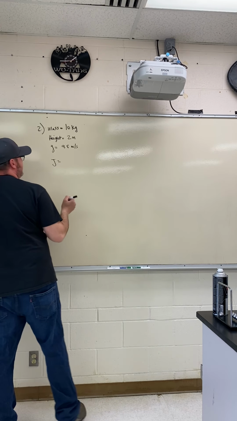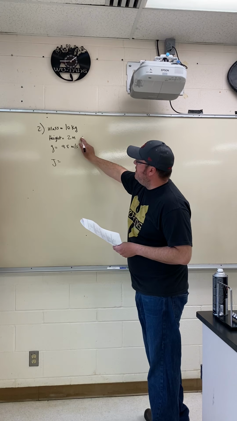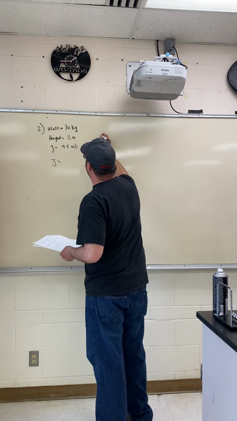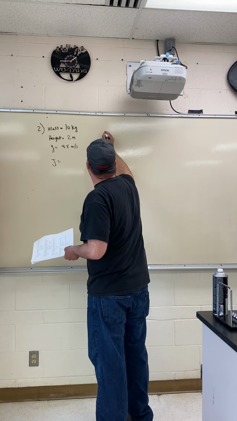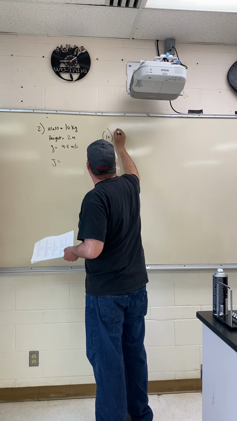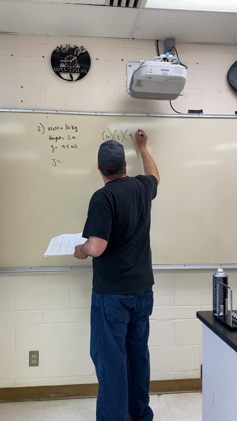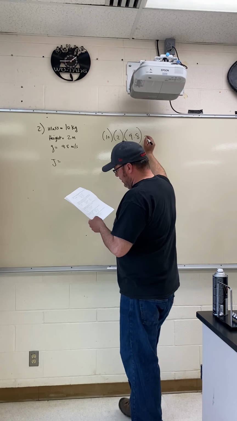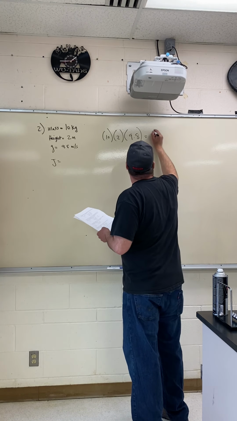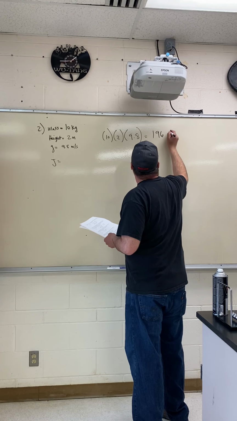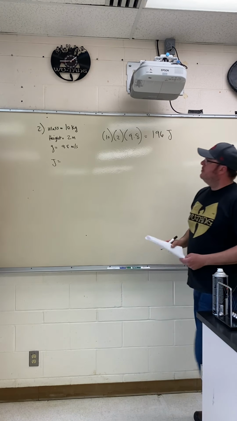So I don't know my potential energy. So, like before, and you guys can put this in parentheses too in your calculator if you like. It makes things easier. So you can do 10 times 2 times 9.8. And that will give you 196 joules.